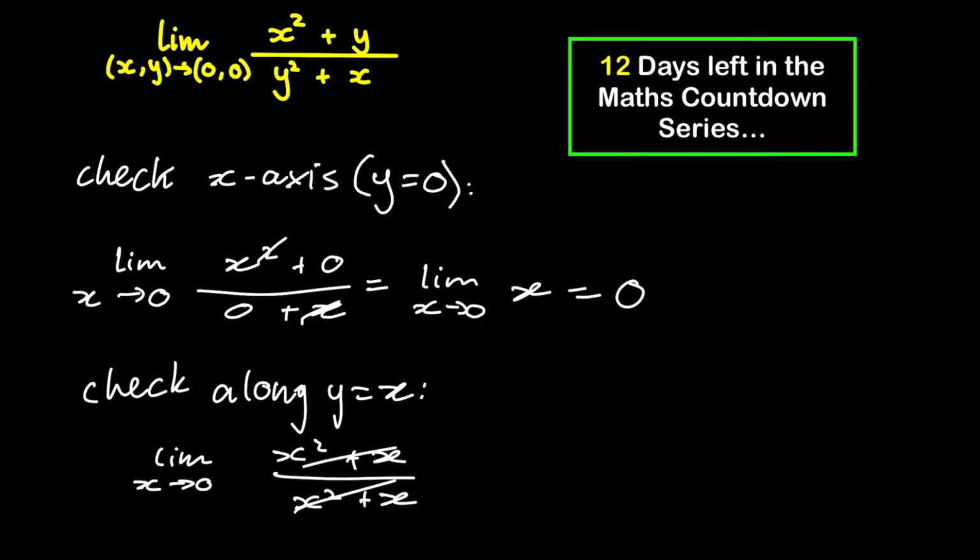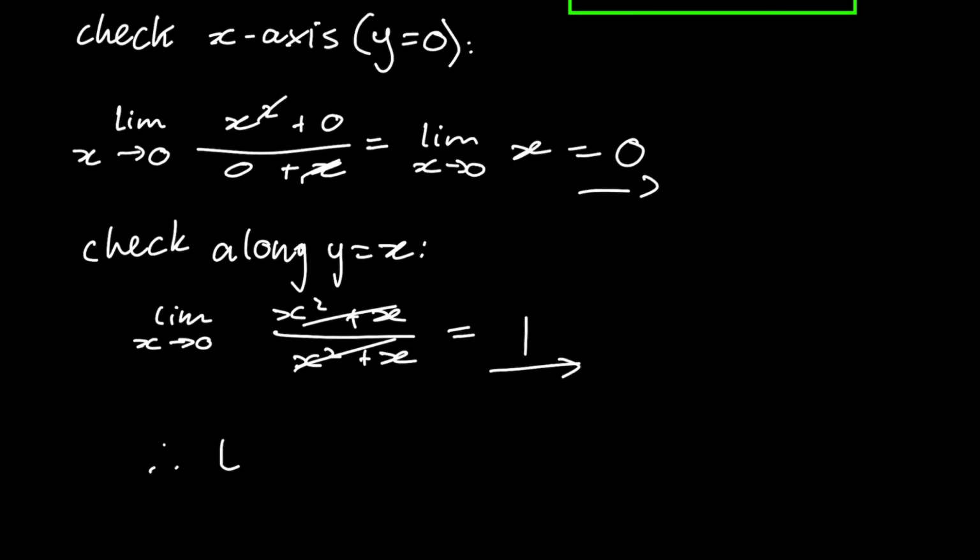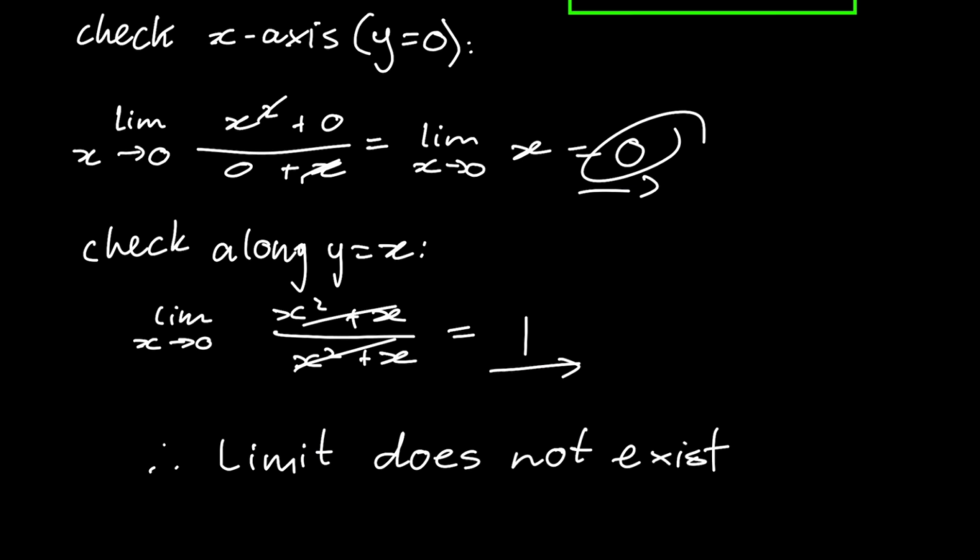You'll notice that those cancel, it's equal to 1, so this limit is equal to 1. But now our limit along the x-axis is different to our limit along the y equals x line. So we can therefore conclude that the limit does not exist, for the sole reason that these limits are not equal to each other.